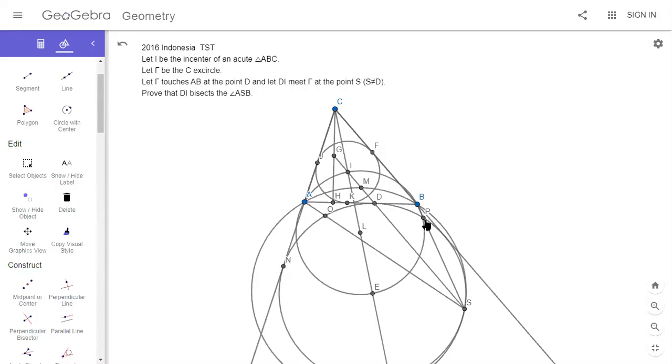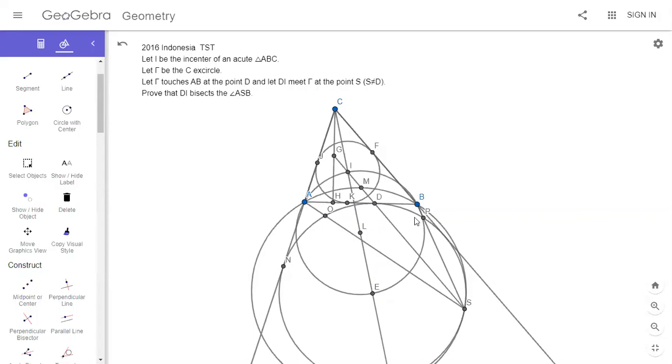Do you understand the parallelism? Yes, but this implies that it is a bisector. Yeah, so I'll show you how that implies it. So if OP is parallel to AB, AB is perpendicular to DE, right? Yes.